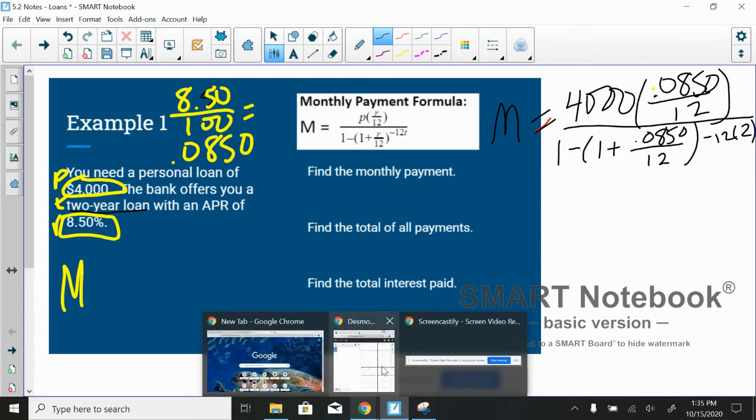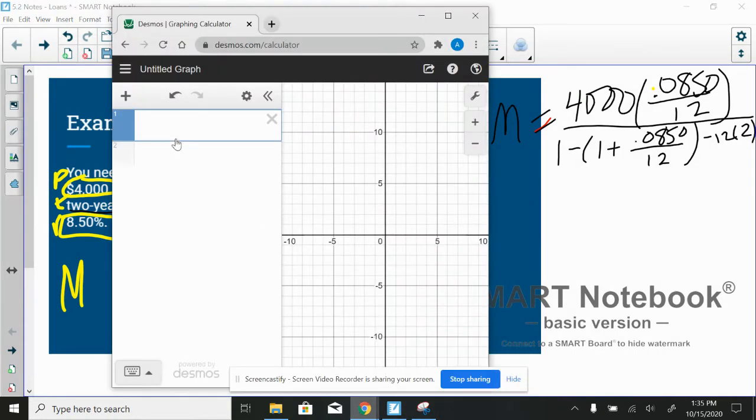So I'm going to go to Desmos really quick, and I'm going to type that in just like it looks. I'm going to start with the division key, 4,000, and then in parentheses, my rate converted to a decimal divided by 12. Close that parenthesis off so it looks right. And then in the denominator, it looks like 1 minus, and then open parentheses, 1 plus the same fraction again, 0.0850 divided by 12.